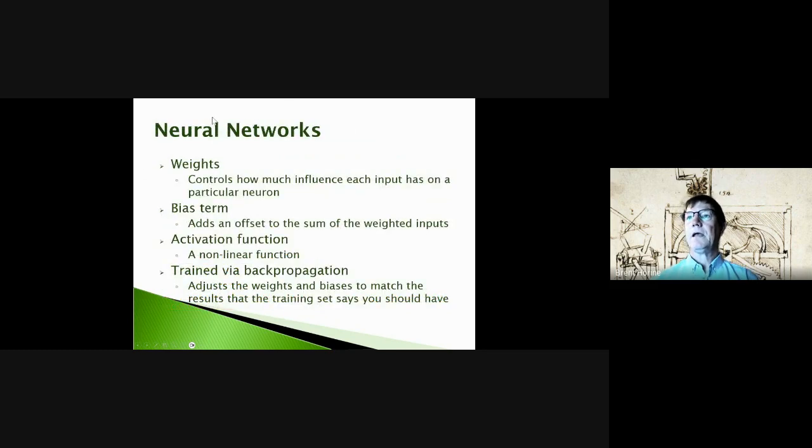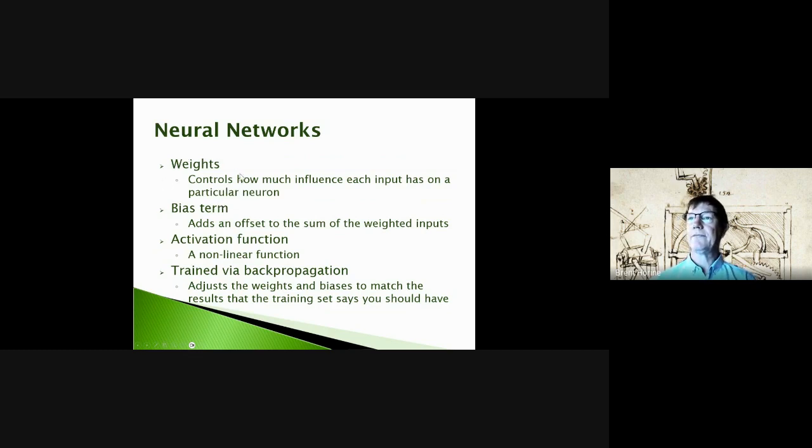Okay, let's start to look at neural networks now. A neural network is going to include weights that are going to control how much influence each input has on a particular neuron, right? So neural networks are composed of many neurons. They're modeled after our understanding of the human brain, or simplified versions of those.